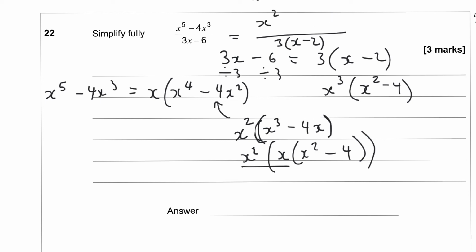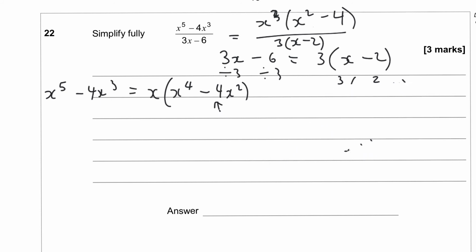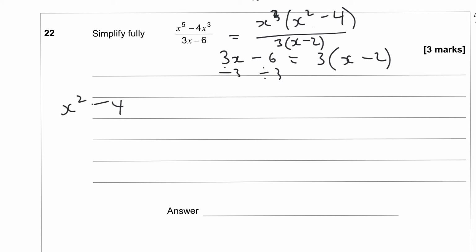But again, we still can't see the x minus 2. But what we do have is x squared minus 4. And we do know that x squared minus 4 is the same as writing out x minus 2 and x plus 2.